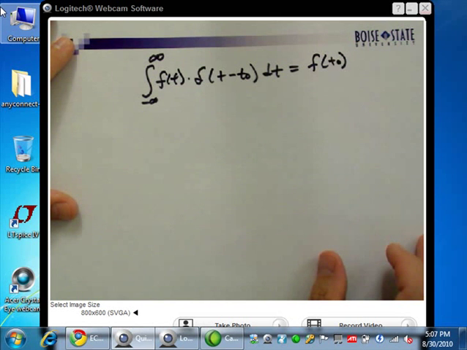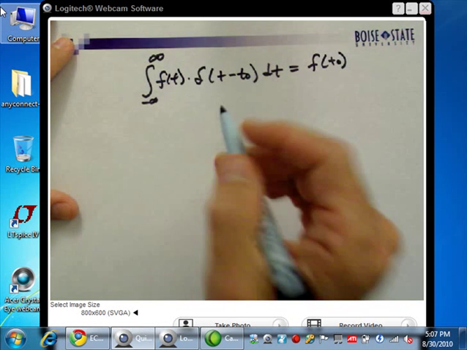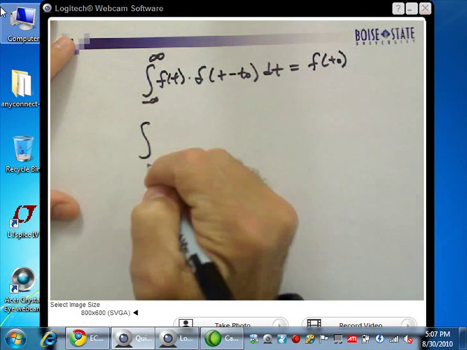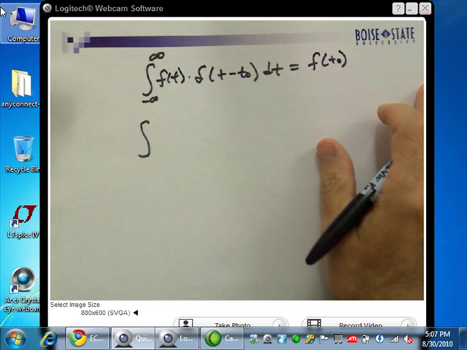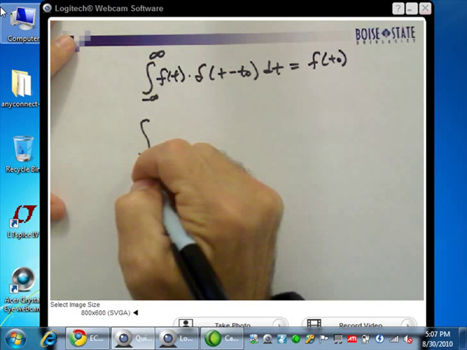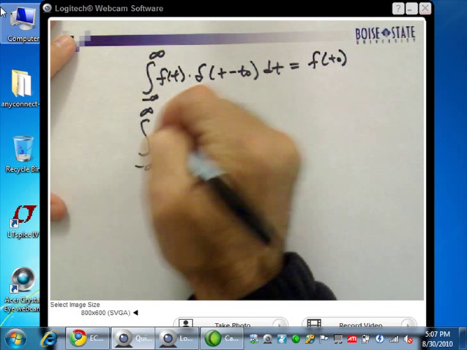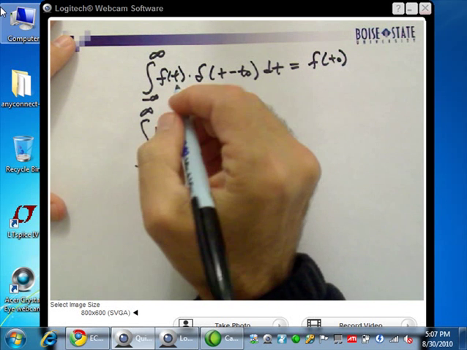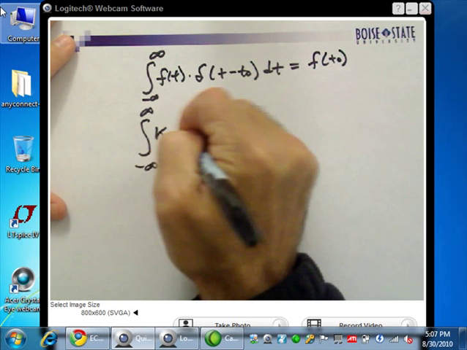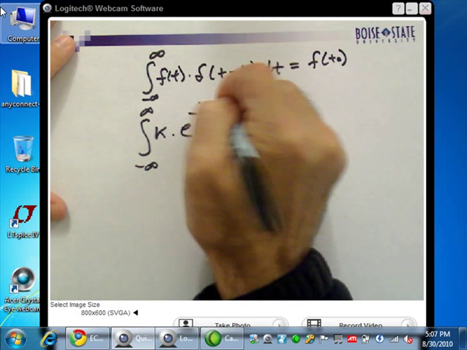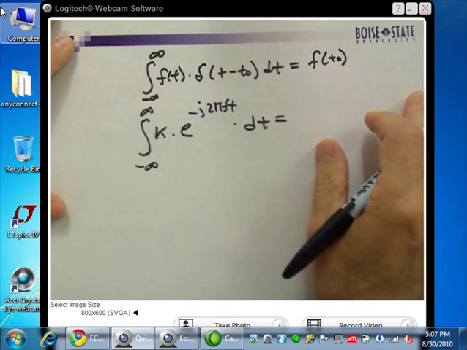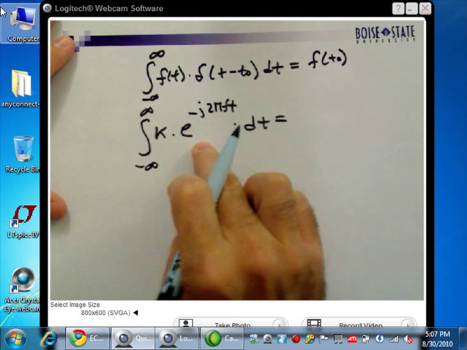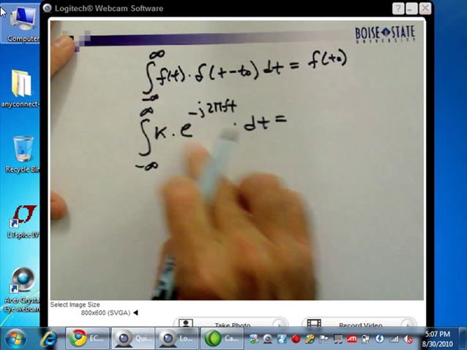Okay. So now, if I take and look at this function right here, and I want to ask, well, what is this equal to here? This waveform.